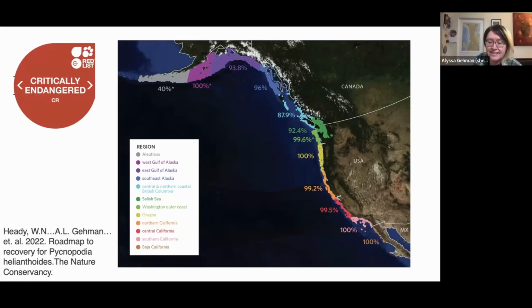You can see, as you go further south, that's upwards of 100% in some locations. And then in the BC area, we're relatively low with our 87.9% loss. Across the whole coast, this is a 90% loss of this species. The rough estimate was close to 6 billion sunflower stars.